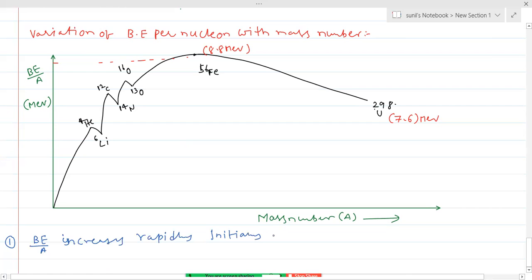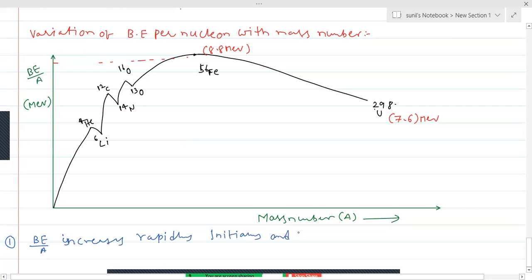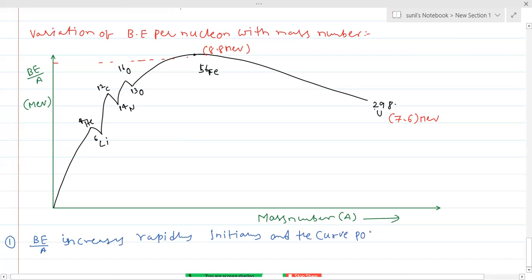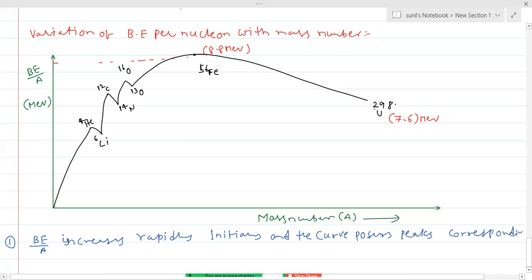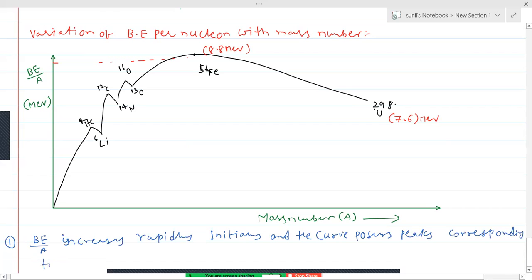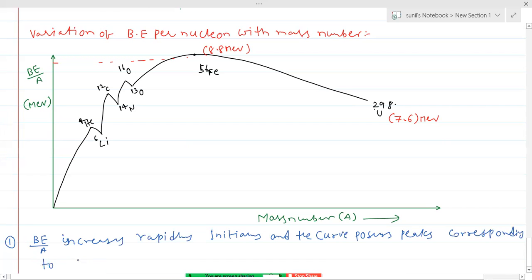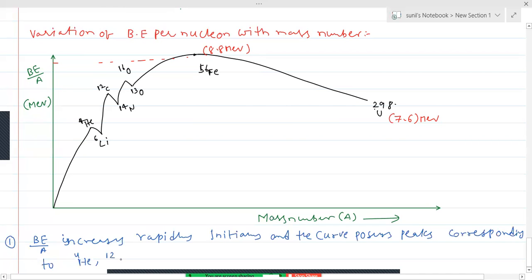And the curve possesses some peaks, corresponding to helium-4, carbon-12, and oxygen-16.